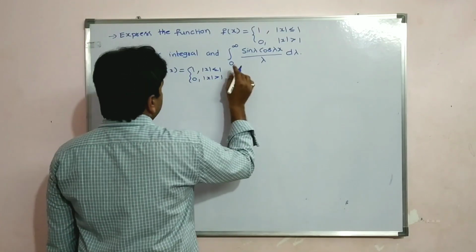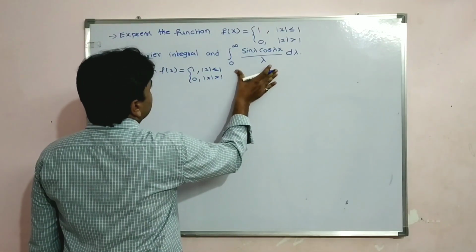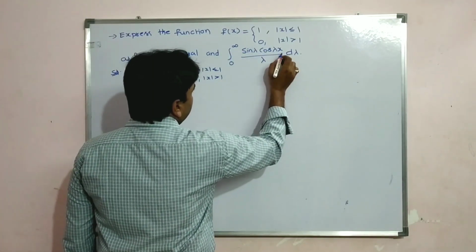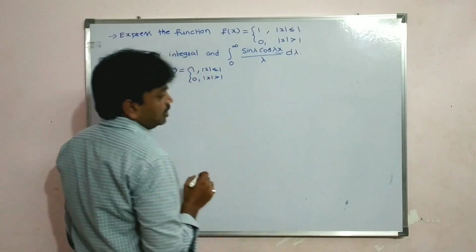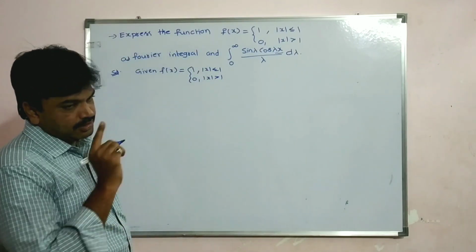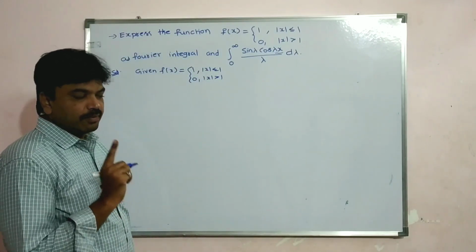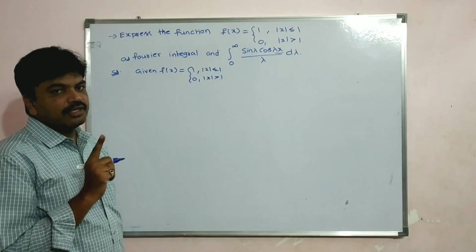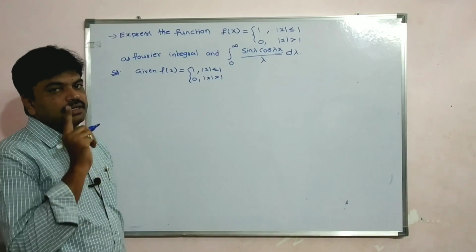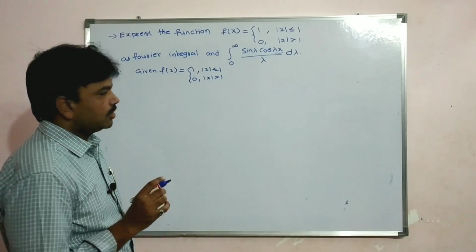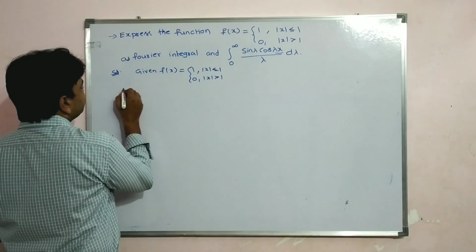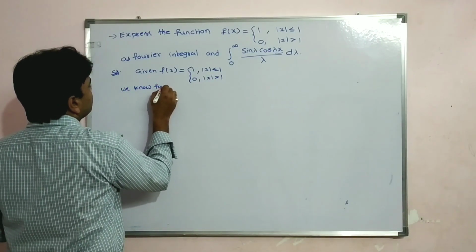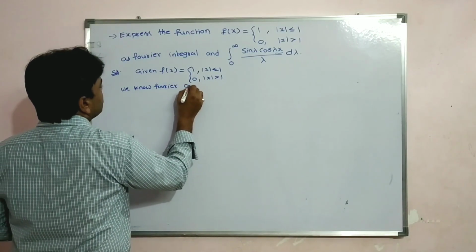Now see students here, we are evaluating integral 0 to infinity sin lambda cos lambda x by lambda into d lambda. Now you observe this term, cos lambda x. That means we are applying the Fourier cosine integral formula. We know the Fourier cosine integral.